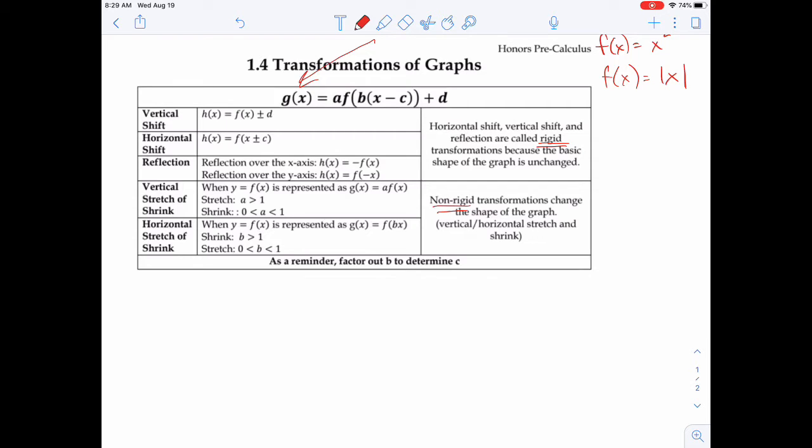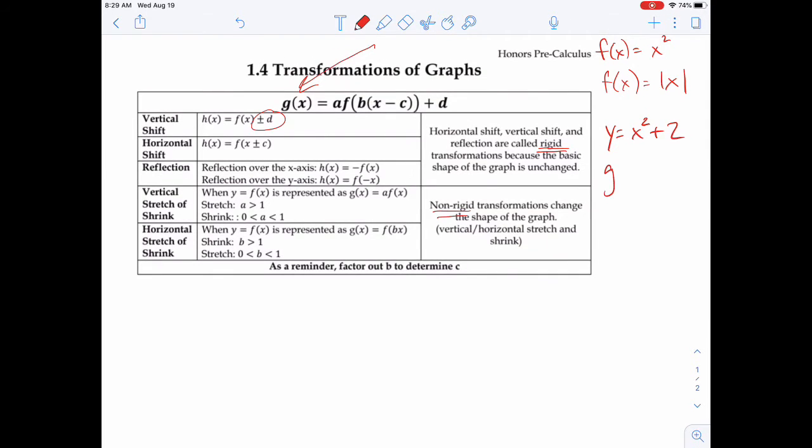A vertical shift is when you add something at the end of your function. So like if I had y is equal to x squared plus 2, it's going to shift the graph up 2 units. In our case here, f of x was x squared, so then g of x is equal to x squared plus 2.